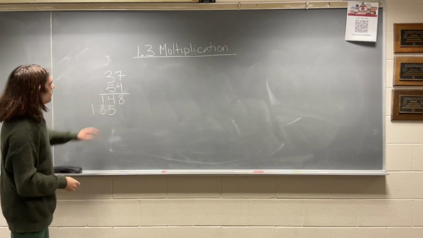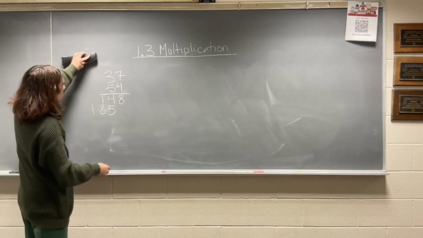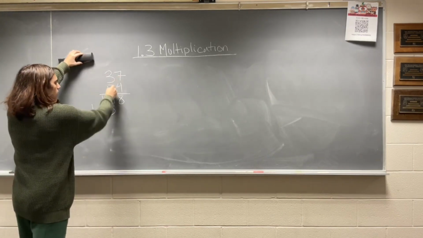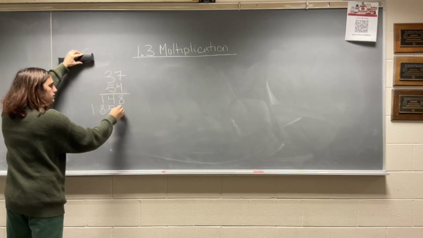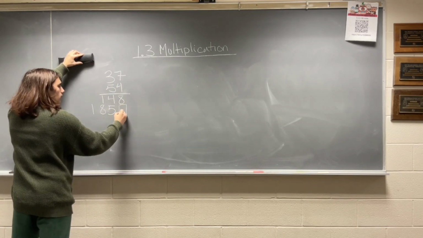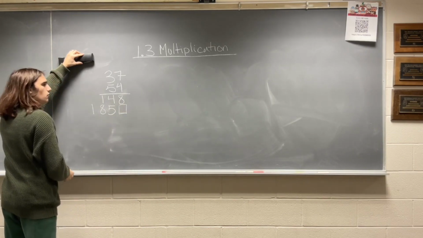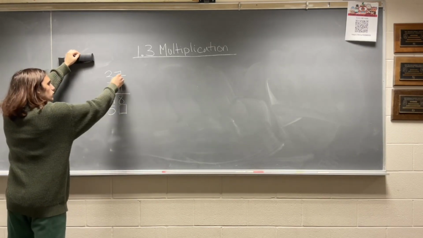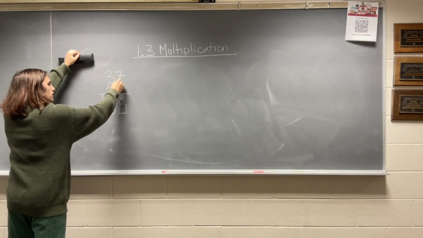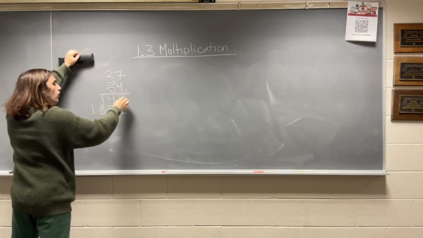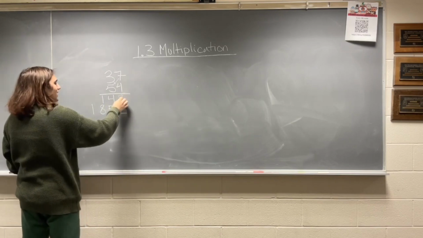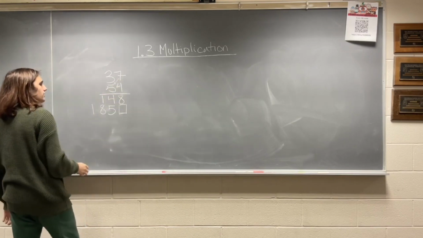And when we multiplied 7 times 5, we moved the number over by 1 place. Notice we didn't put any number right here, because what we're doing is multiplying into the tens place, so we're multiplying across. That means all of our numbers will move diagonally, since we're multiplying in the tens spot.